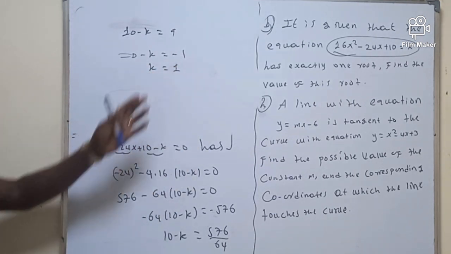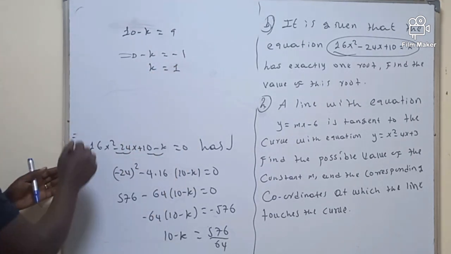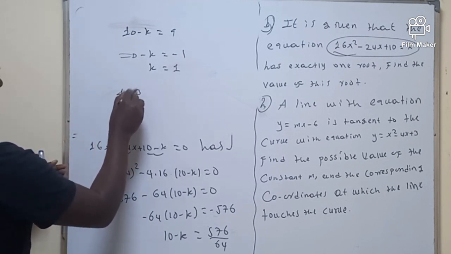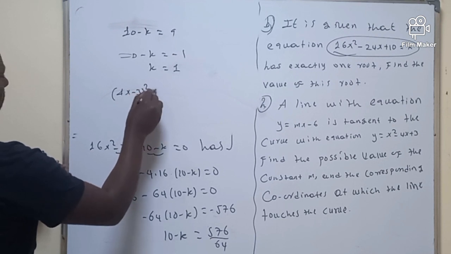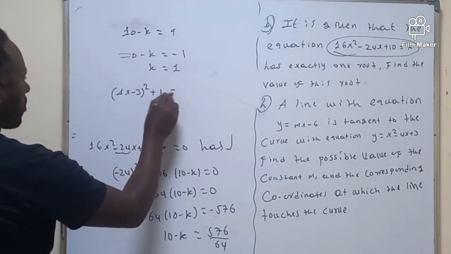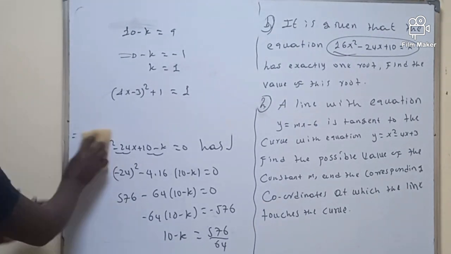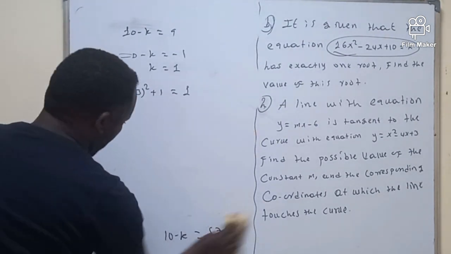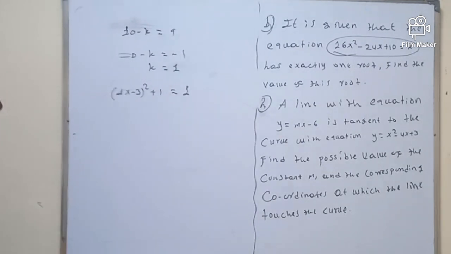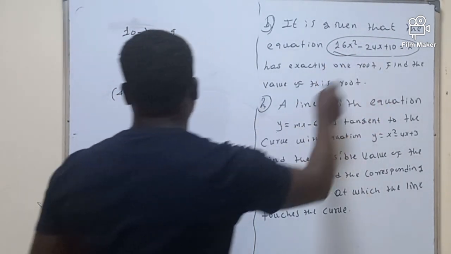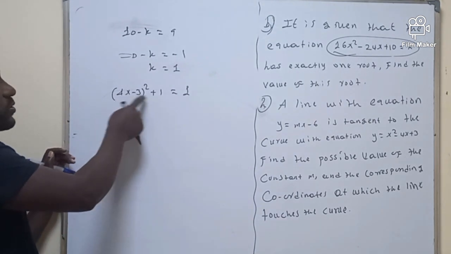So since the value for K is already 1, (4x minus 3) squared plus 1 is going to be 1. Then how are we going to find the one root of this problem? Because you already know that 16x squared minus 24x plus 10 means (4x minus 3) squared plus 1.